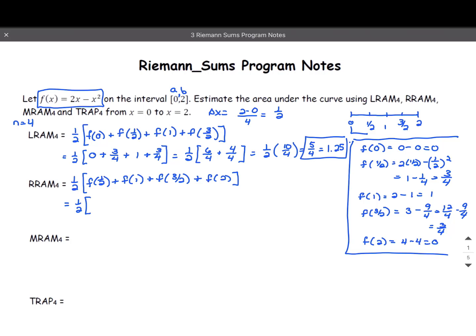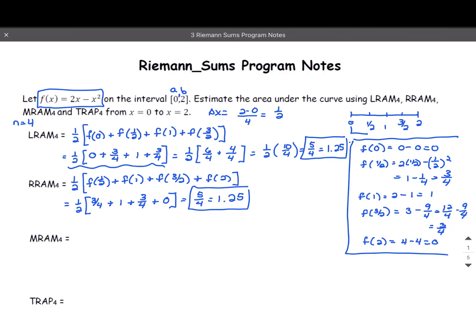So now we have 1/2 times f of 1/2 is 3/4, plus f of 1 is 1, plus f of 3/2 is 3/4, plus f of 2 is 0. Notice that's the exact same sum just in a different order that we had for the LRAM. So we're going to wind up with 5/4 or 1.25 yet again.